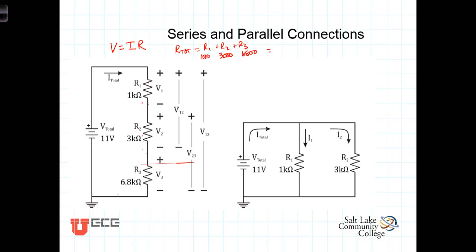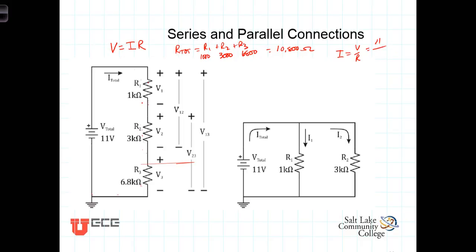So the total resistance would be 10,800 ohms of resistance. The total current then that would be flowing through these 3 resistors would equal the total voltage dropped across them divided by the total resistance. Or again, we're solving this for I, and we get that I equals V over R, so V total equals 11 volts.